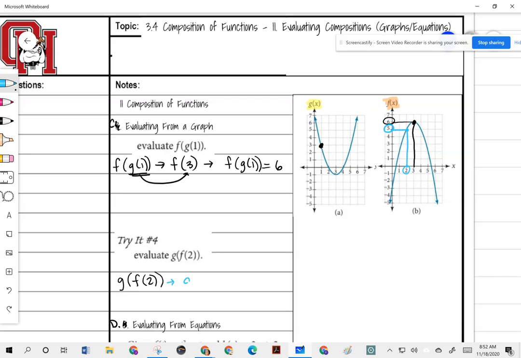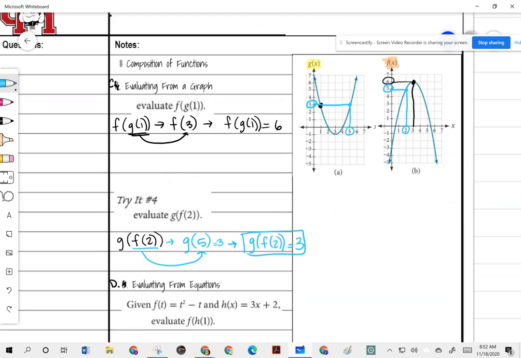So then that's going to give you g of 5 because this number was 5. And so now I go to the g function where x is 5, and my output is 3, so this equals 3. But again, the proper way to write that is g of f of 2 is equal to 3.